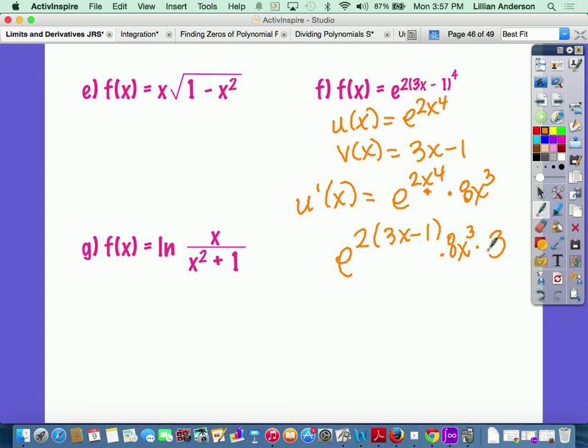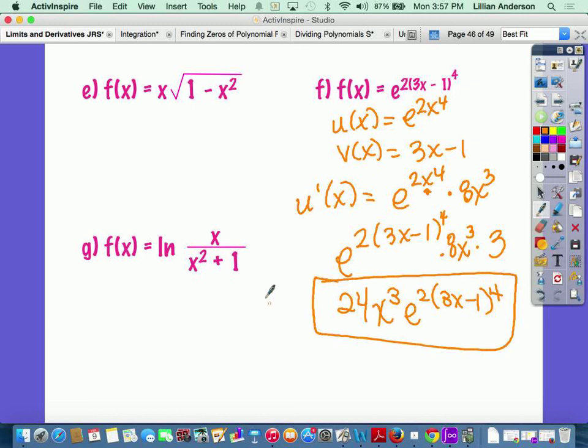So when I multiply, I'm going to get 24, or actually, I should put x first. x cubed, e to the 2, 3x minus 1, to the fourth power. And that's my derivative. It comes with practice.